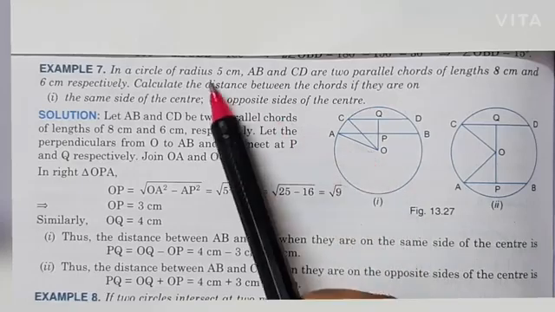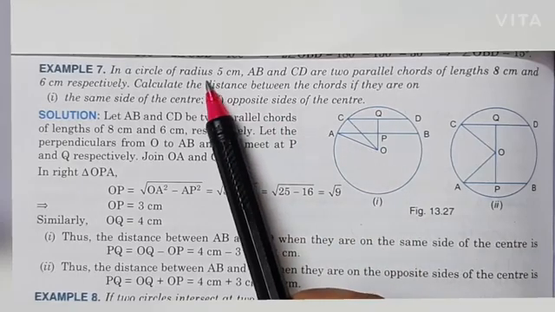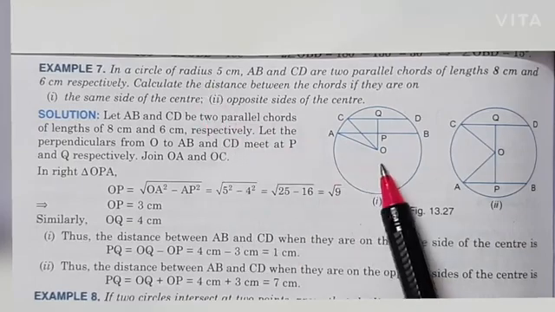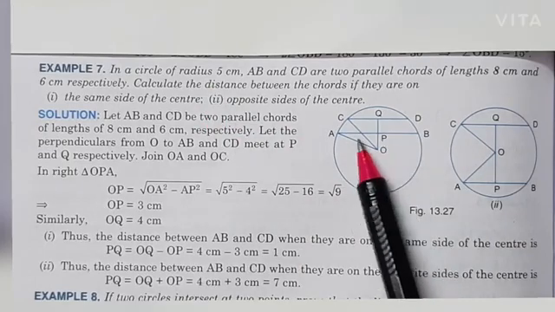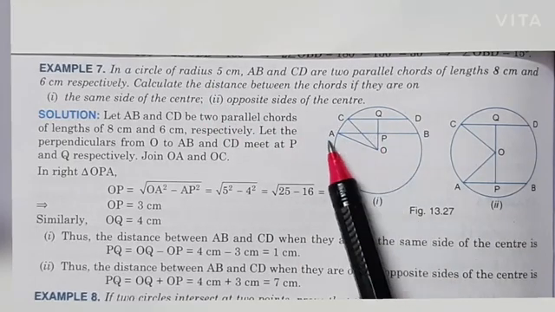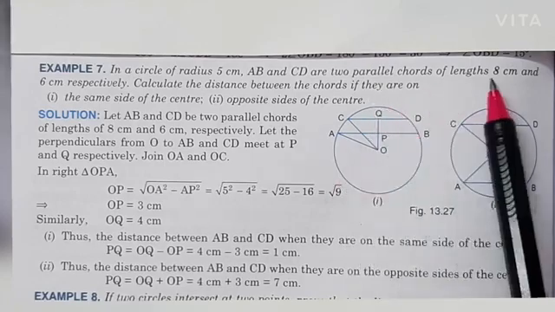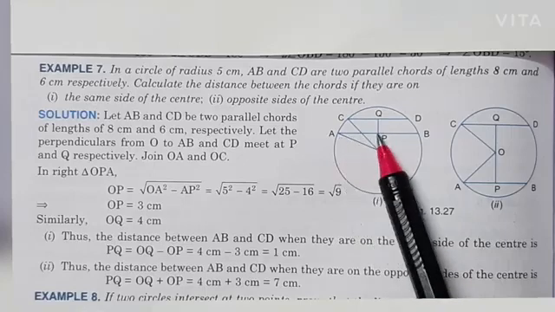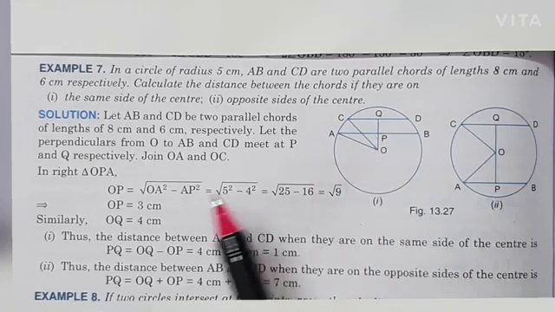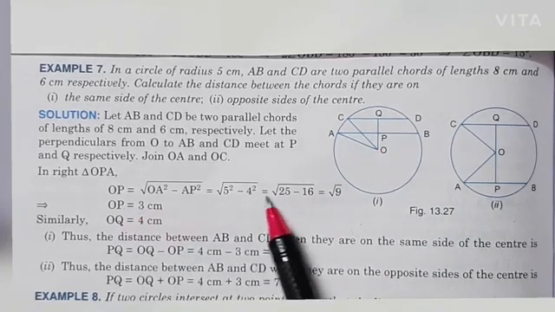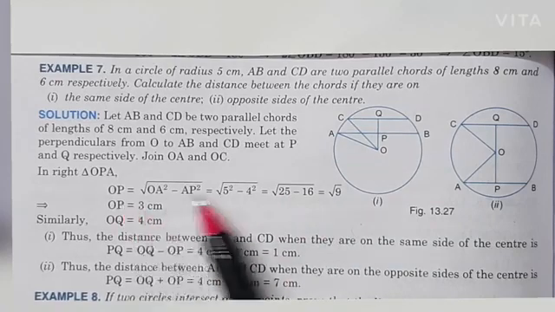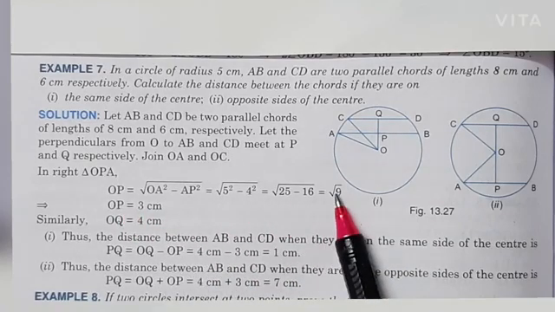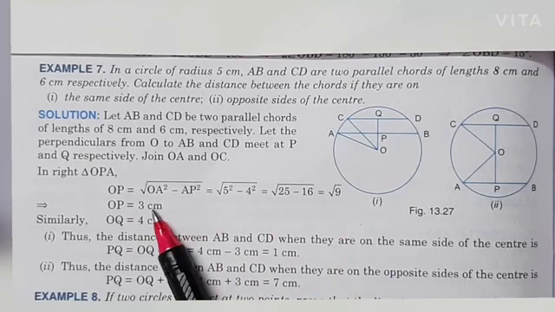That is 5 centimeter. The radius is already given. And what is AP? AP is half of AB. Here AB is given to us as 8 centimeter. So AP will become 4 centimeter. So again, by applying Pythagoras theorem, OP is root 9, that is equal to 3 centimeter.